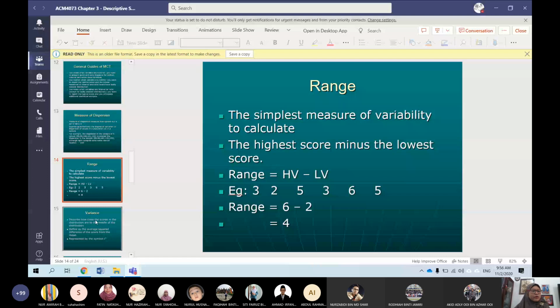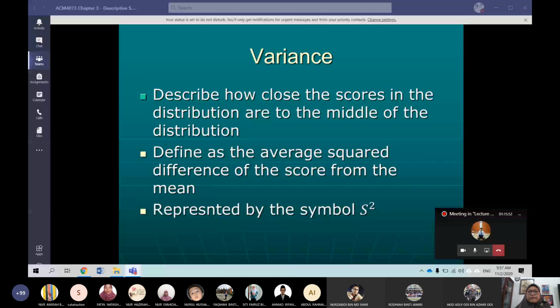Variance describes how close the scores in the distribution are to the middle of the distribution. It is defined as the average squared difference of the score from the mean, and is represented by the symbol S2.